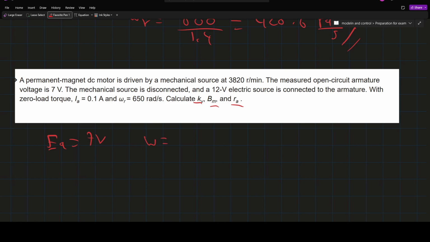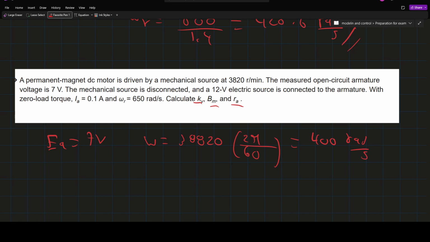They are giving us omega, but they are saying rpm, and we need to change this to radians per second. Anyways, we multiply by 2 pi over 60 equals 400 radians per second. And that's it. That's what they're giving us.